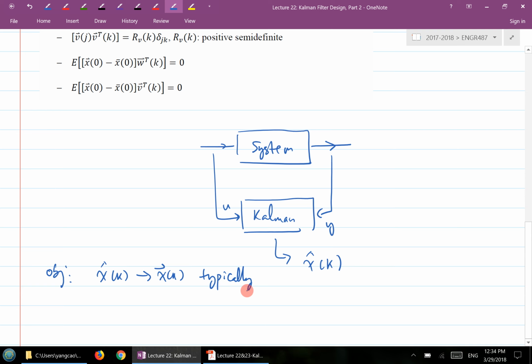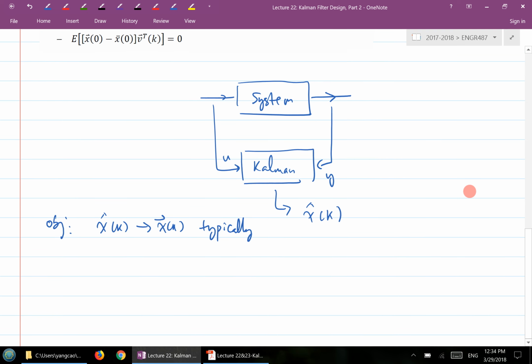However, because we're talking about a stochastic process, a sensor or signal that has noise in it, this objective is actually not achievable in this particular situation. So this is the typical objective of an observer.